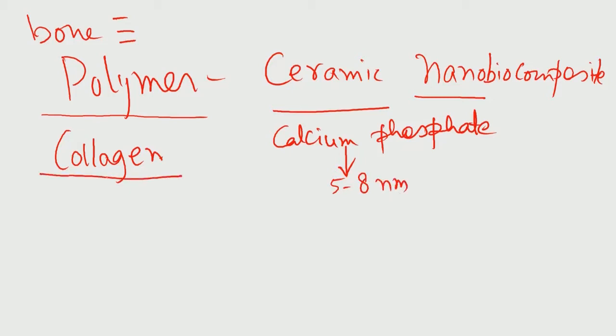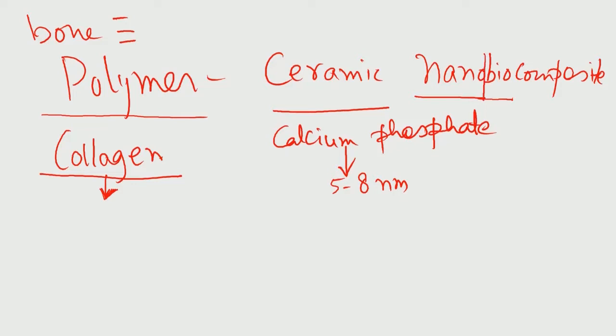Collagen also, at the structural level, is a protein molecule, and it has a triple helix structure, which I will describe later, and this also has a nanoscale dimension. Why biocomposite?